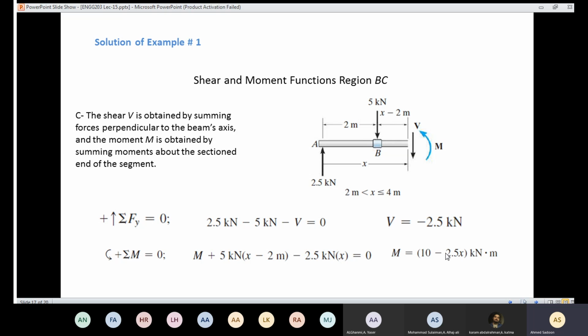You will get 10 minus 2.5 times 2, which is 5. So the moment here is going to be 5. What about the last point at 4? At 4, you are going to find out the moment equals 10 minus 2.5 times 4, which is 0. So I have an expression that helps me know the value of the moment at any distance, but it should be valid only for that region.